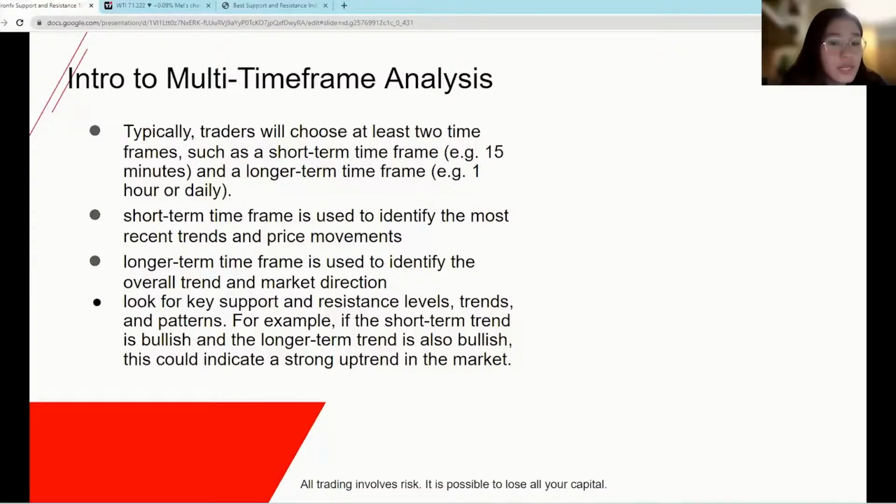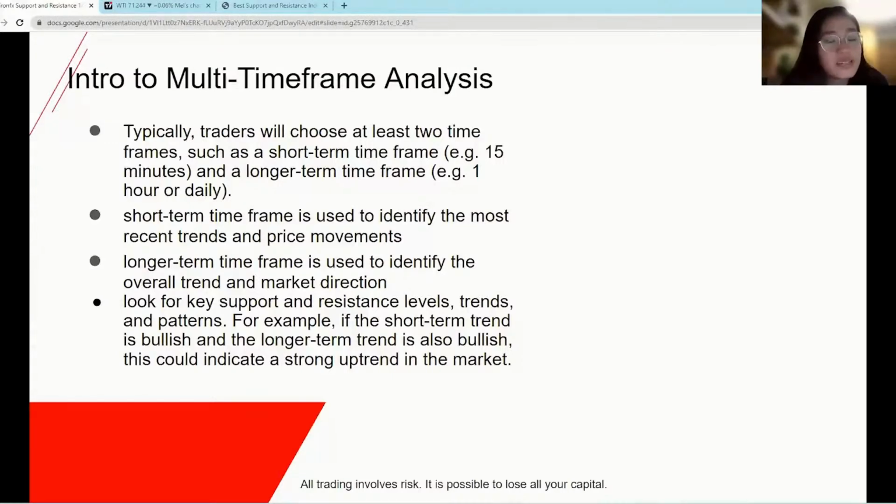The first step in this strategy is to select the time frames to analyze. Typically, traders will choose at least 2 time frames, such as a short-term time frame, for example, 15 minutes, and a longer time frame, 1 hour or daily. The short-term time frame is used to identify the most recent trends and price movements, while the longer-term time frame is used to identify the overall trend and market direction.